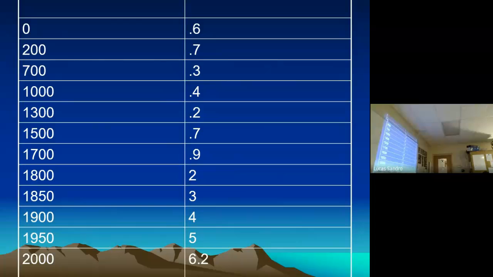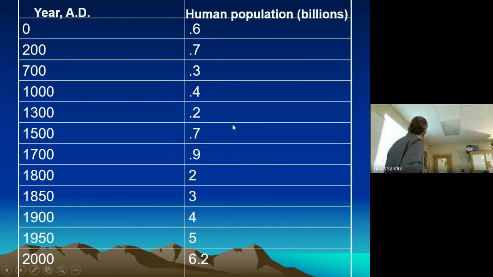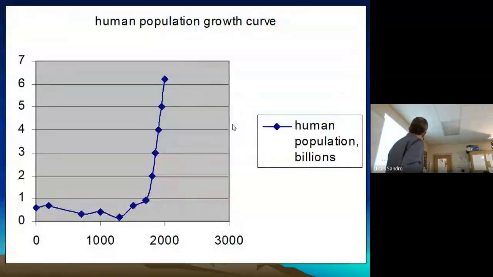See, now that looks pretty straight up over here. What do we call that? That's exponential. Yeah, there's some rocky stuff at the beginning here, right? This spot here.